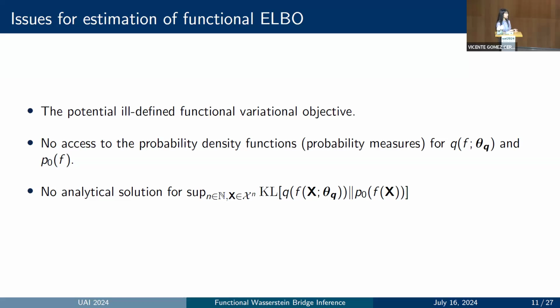And the third problem is the effective and efficient way to estimate the KL divergence between two stochastic processes, which is equivalent to the supremum over all KL divergences over all marginal finite measurement sets. But unfortunately, there is no analytic way to obtain such a supremum in practical optimization.